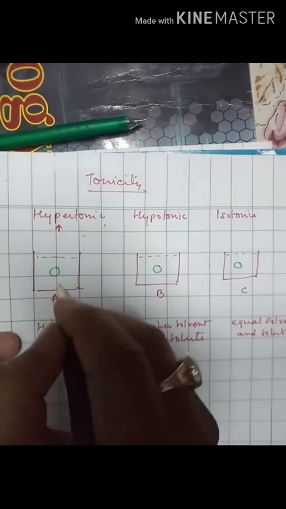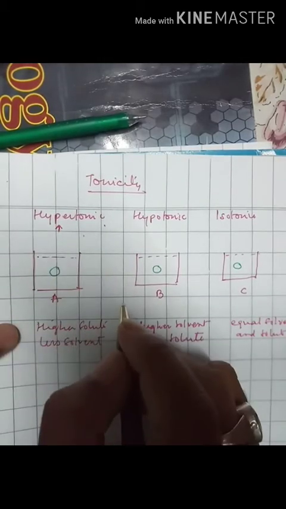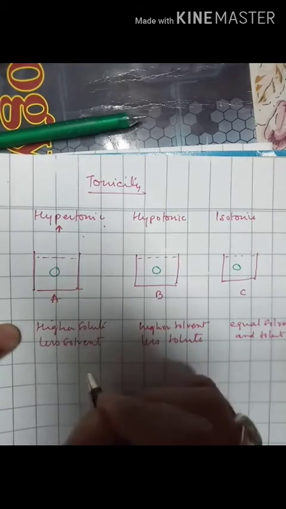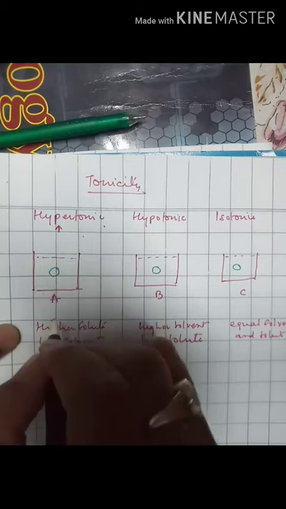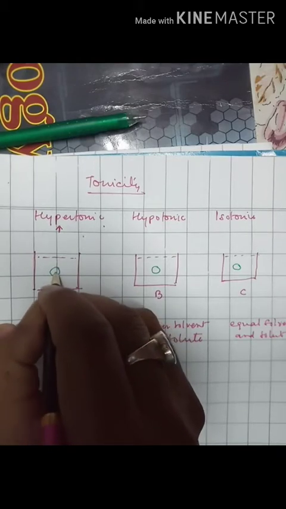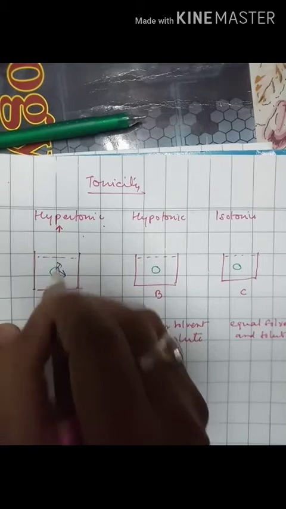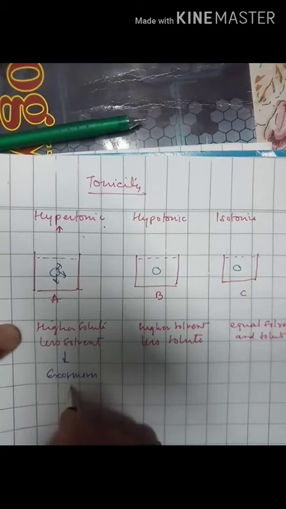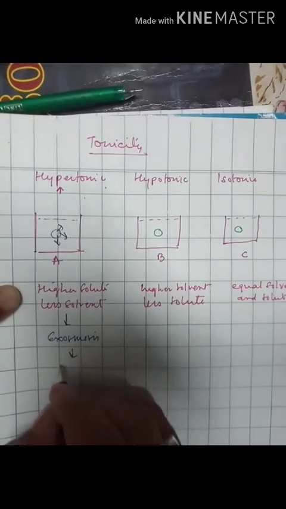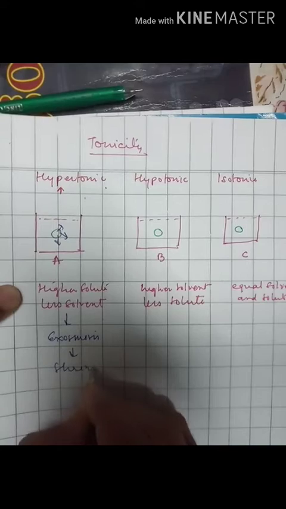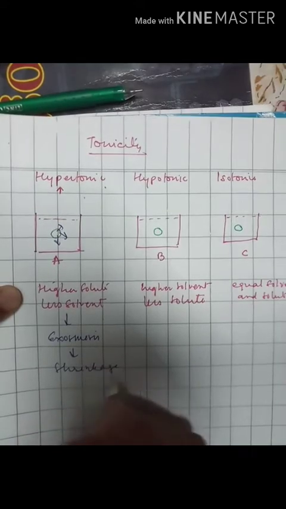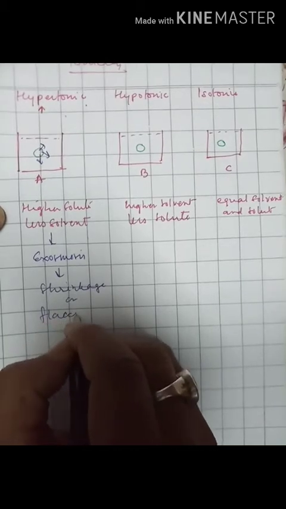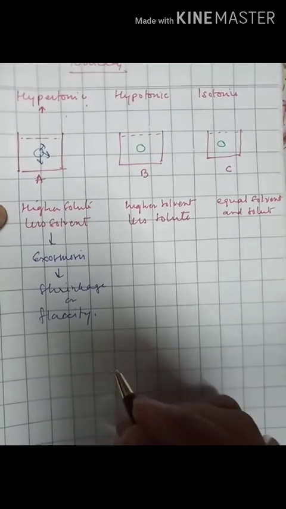In beaker A, which contains hypertonic solution, the beaker contains less water, but the cell placed in it contains more water, so exosmosis takes place, that results in the shrinkage or flaccidity of the cell, means the cell will shrink.